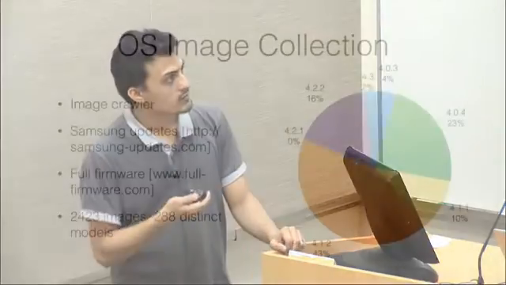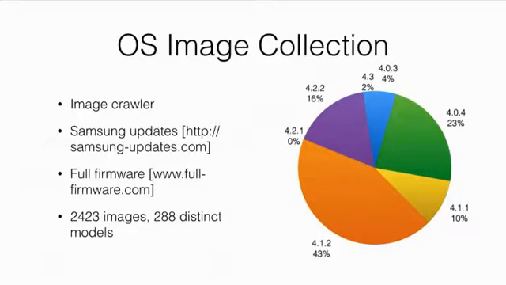This is just on 3 phones. Then we did a large scale measurement study to find out how widespread this problem is. For this we collected approximately 2,500 images, which correspond to 288 distinct models.